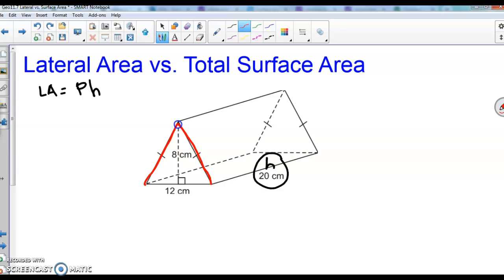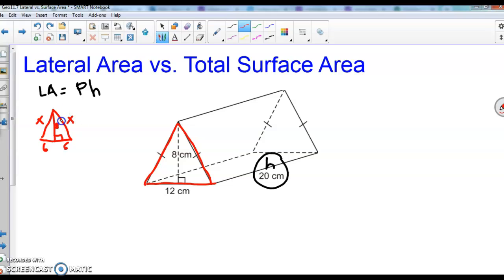It's an isosceles triangle. Alright, so let's draw the triangle over here. This is 12, right? So if I cut that in half, this is 6, right? So 6, 6. You have a right angle over here. And then the 8 centimeters here is not for the sides. That's for the altitude of the triangle. So this is 8. To find the perimeter, we need to know what these sides are.